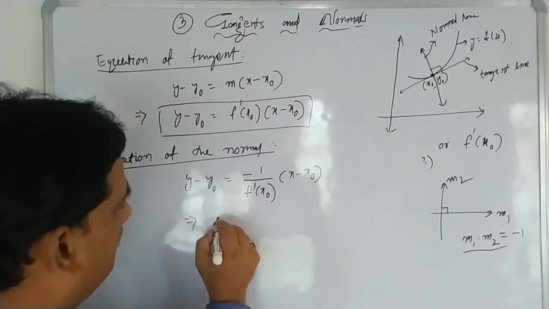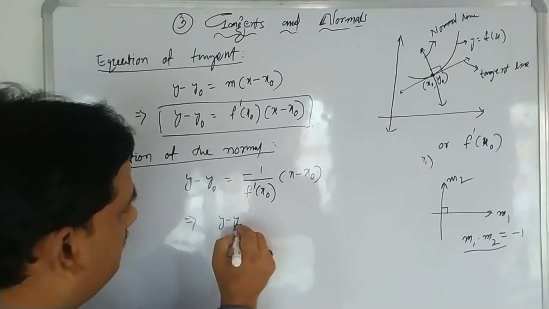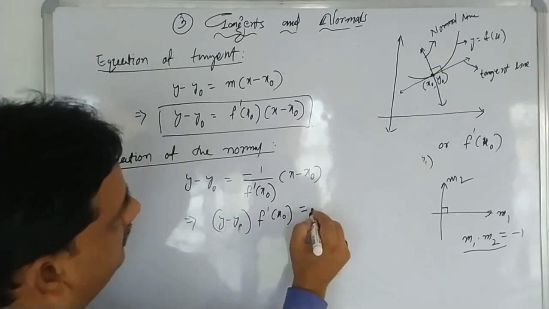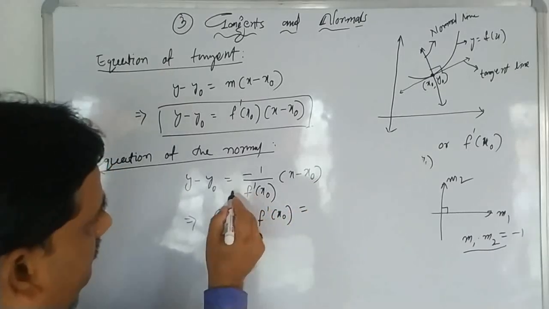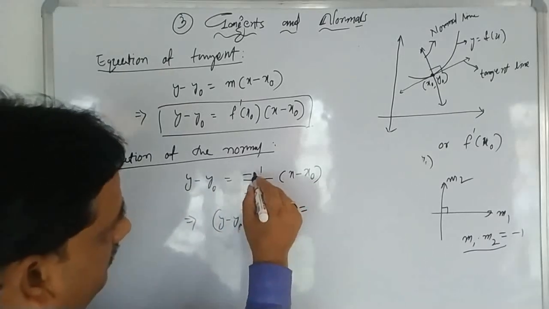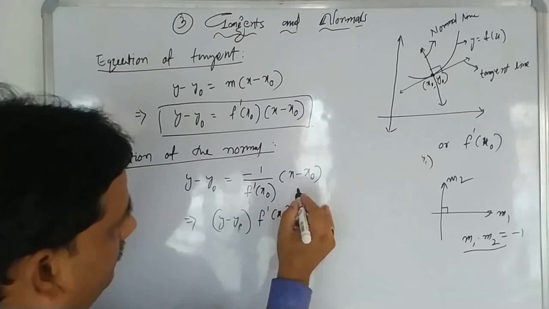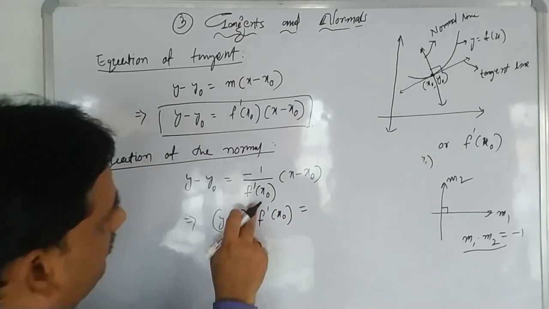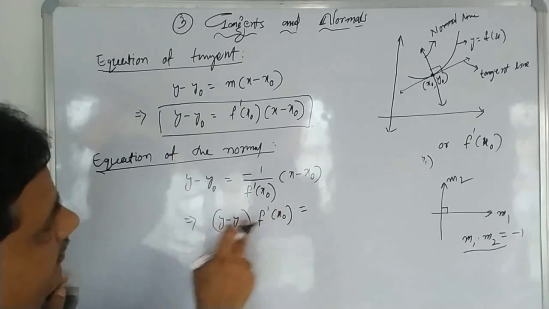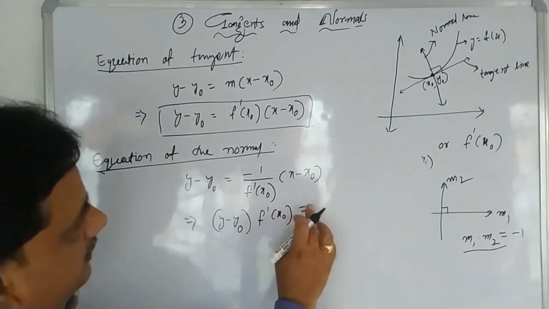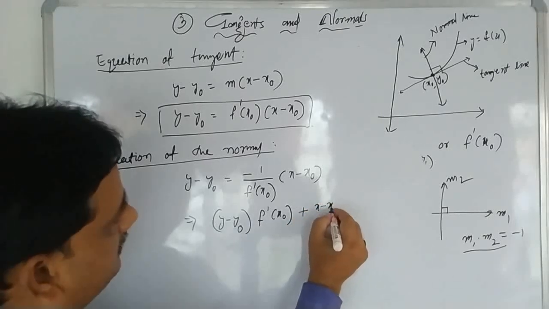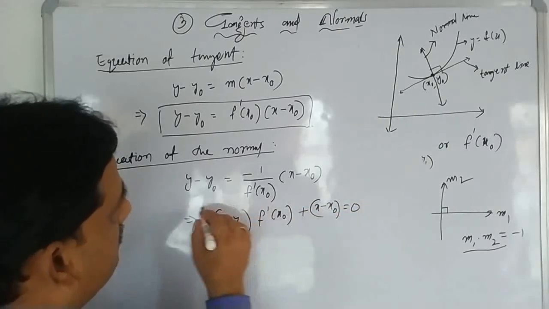This implies, just multiplying, f dash x0 into y minus y0 plus x minus x0 is equal to 0.